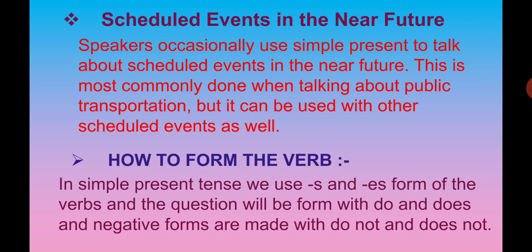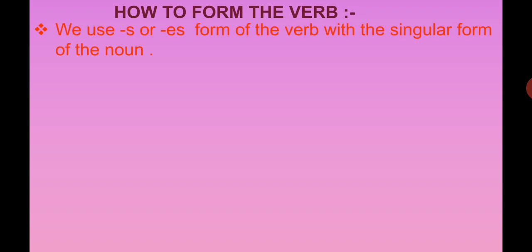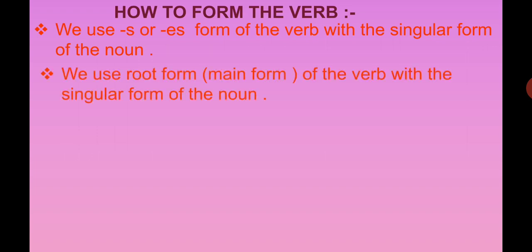Let's see the table of how to form the verb. We use the S/ES form of the verb with the singular form of the noun, and we use the root form of the verb with the plural form of the noun.